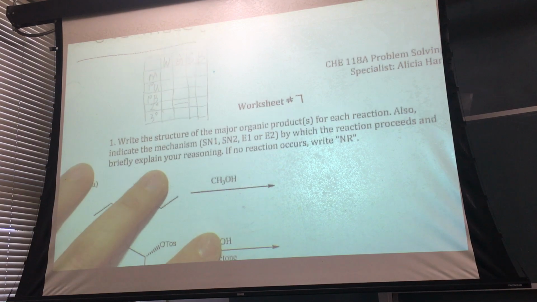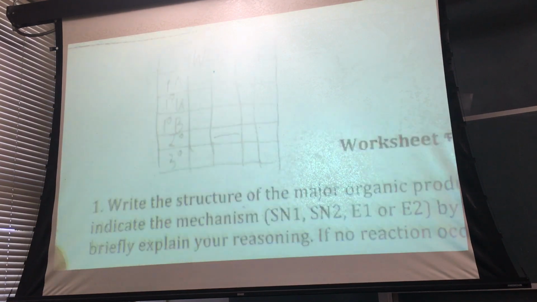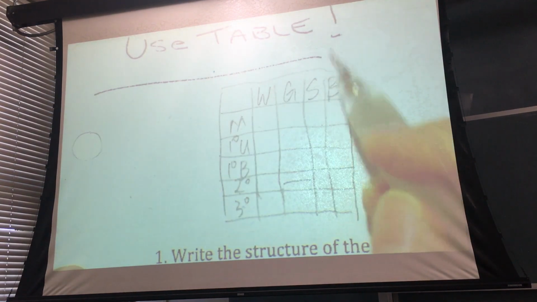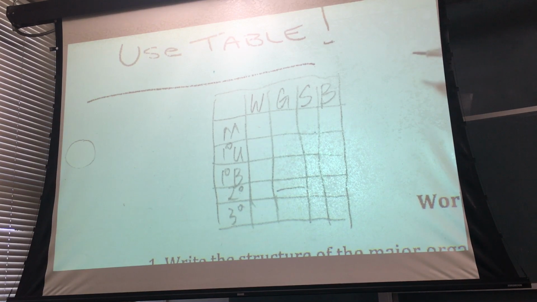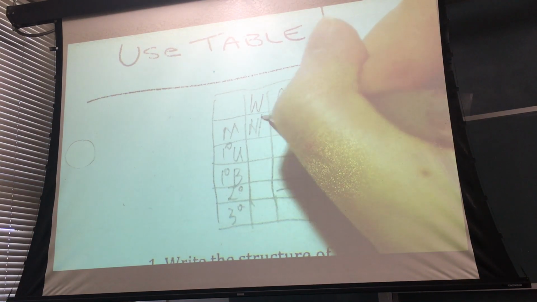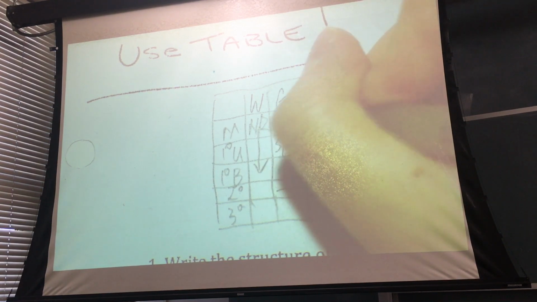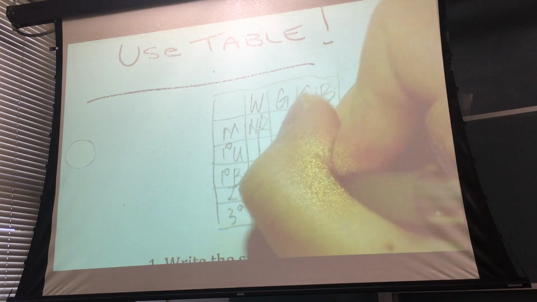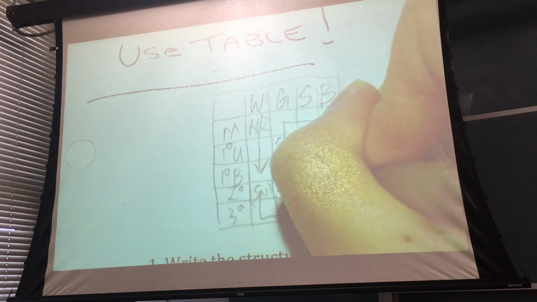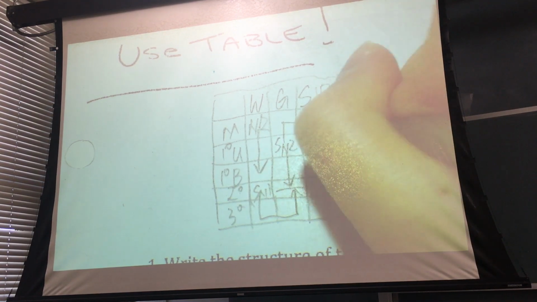I'll zoom in so you can see clearly. Here, use the table. Okay, no reaction for the first 3. SN2 here, SN2 here, SN1 here, E2 for the rest.